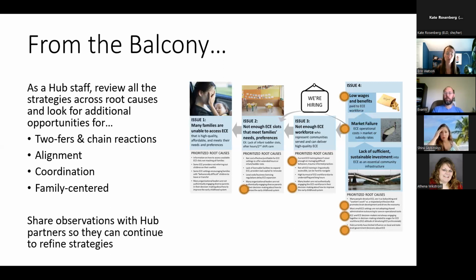So again, you're sharing those observations with the hub so they can refine them. That's a really important role because each hub partner has a limited lens, right? They're focused on what they're designing and they don't have that balcony view to see all the strategies. You do. That's a really great role you can play.